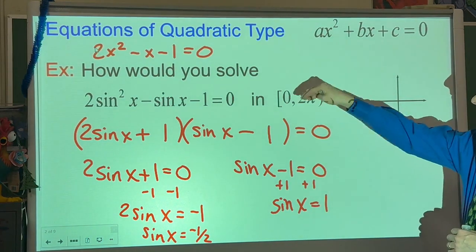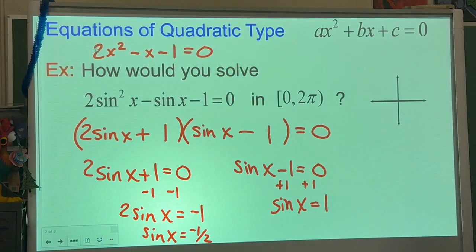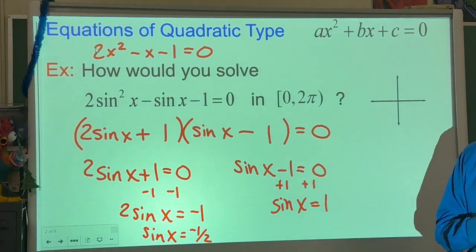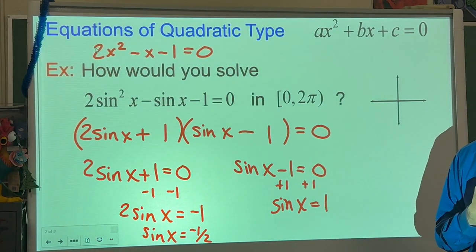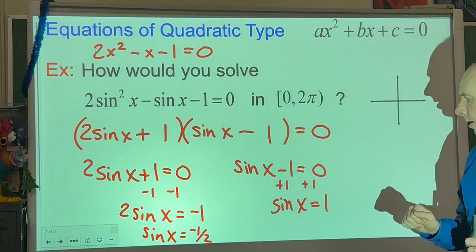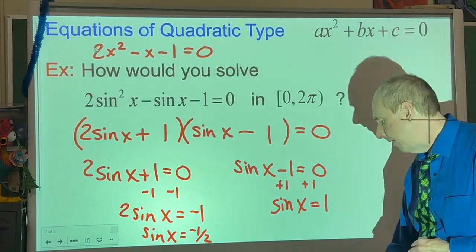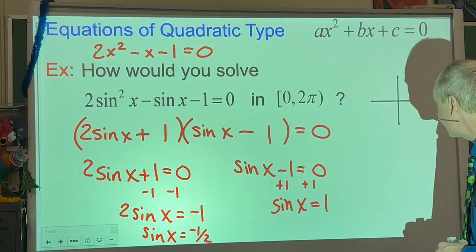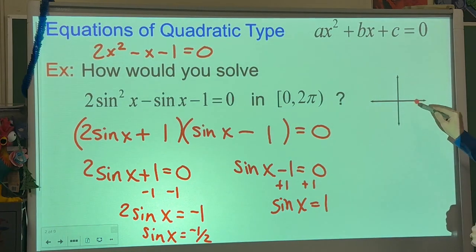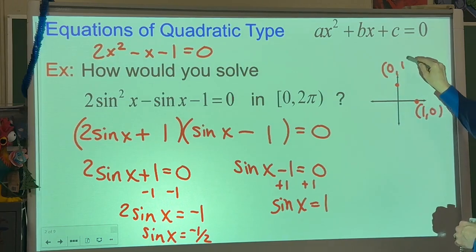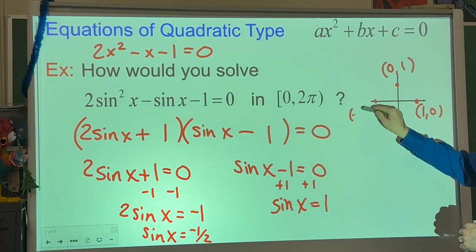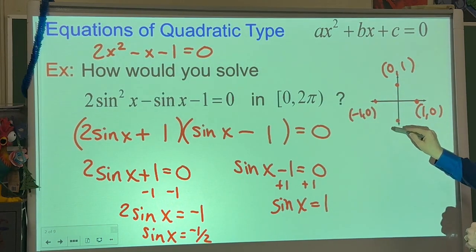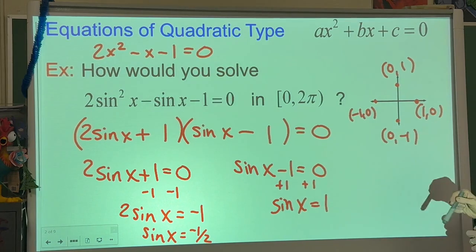So we're supposed to think from 0 to 2 pi, what angle could I put in here so that when I take the sine of that angle, I get 1, or I get negative 1/2. Let's start with the 1. Thinking of my unit circle: 1, 0, 0, 1, negative 1, 0, and 0, negative 1.